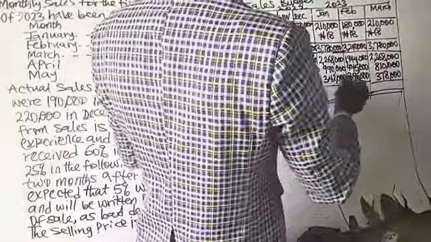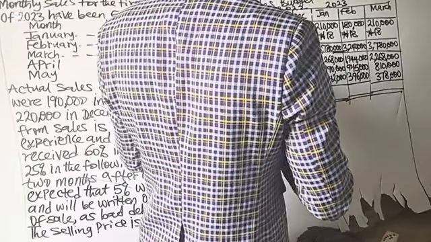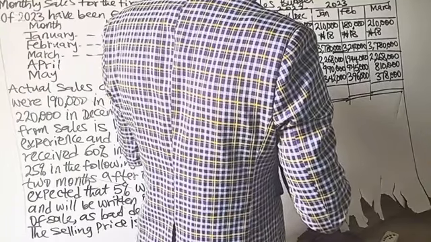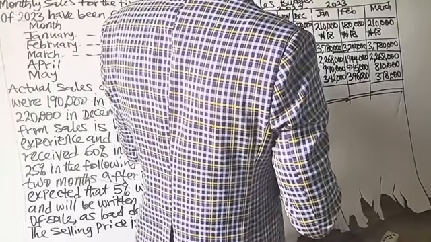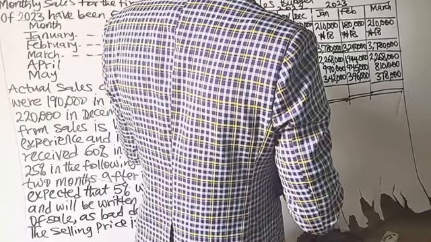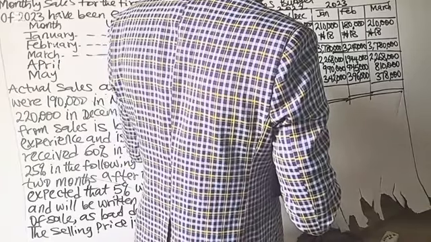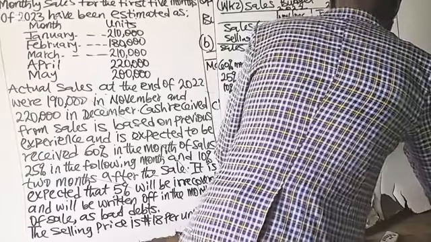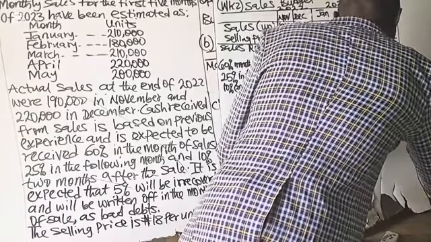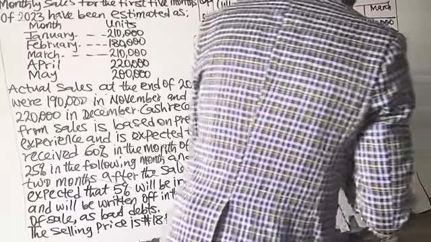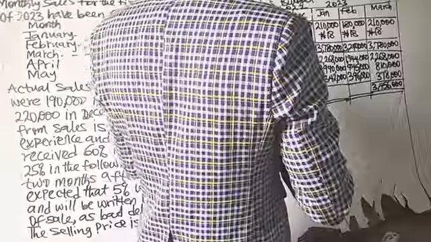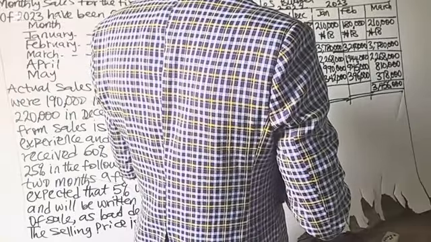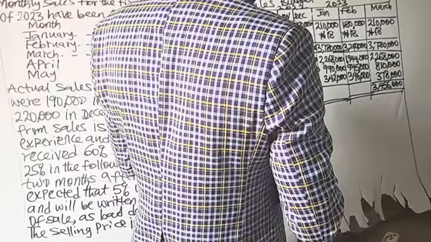Now let's sum them up. 2,268,000 plus 810,000 plus 378,000. That is totaled 3,456,000. Then in February, we have 1,944,000 plus 945,000 plus 396,000.